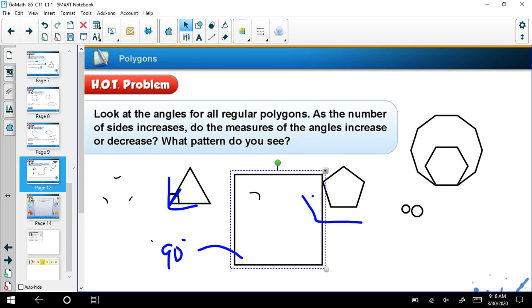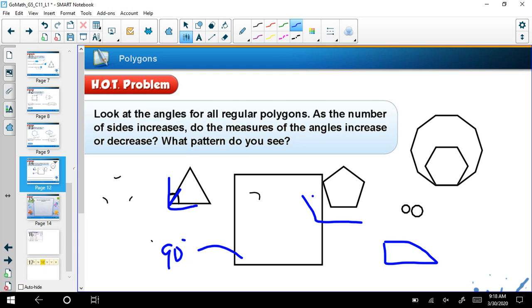And that is just for regular polygons, because obviously we could draw any kind of kooky quadrilateral that we wanted, and these aren't all going to be 90 degrees. But if it's a regular polygon, all of the angle measurements are always going to be the same.